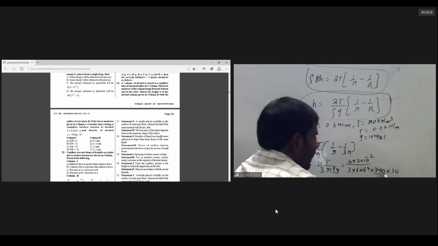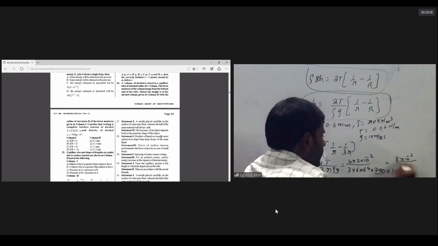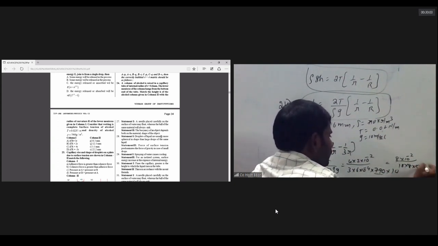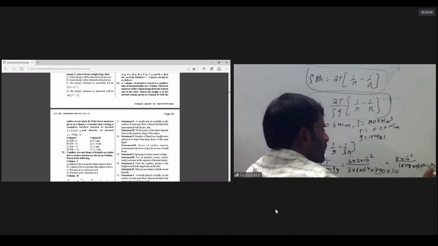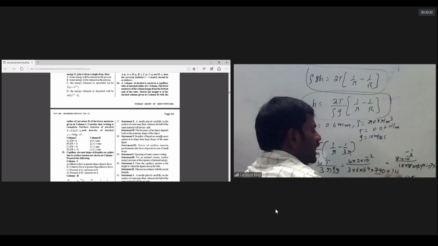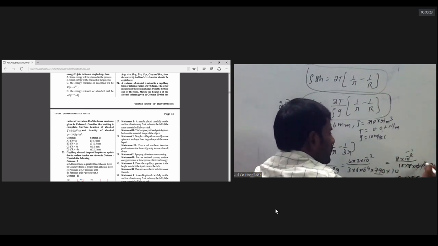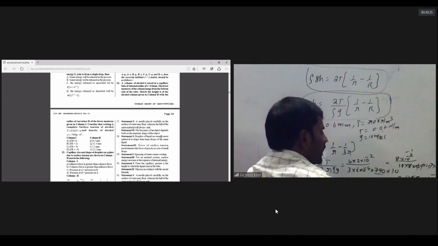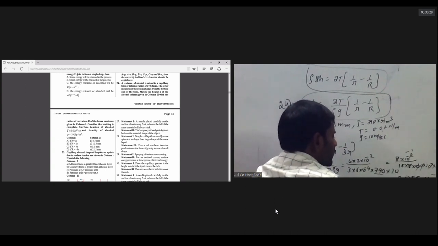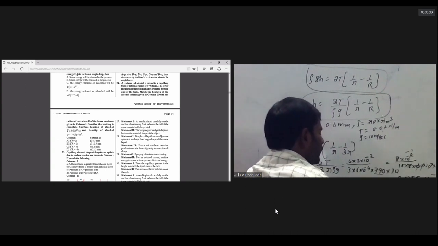See here, 790 I can take 8 into 10 power minus 2 by 18 into 800 into 10 into 10 power minus 4. 1, 2, 3 cancel, remaining 10 power minus 1. Then 8 cancel. 1 by 8 means 0.0... 5 times 8, 5s are 90. Again 5 times into 10 power minus 1. So what can we write? 5.5 into 10 power minus 2 minus 3 meter. So 5.5 millimeter.